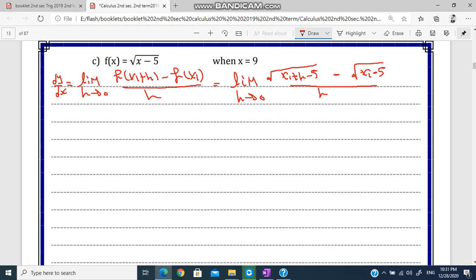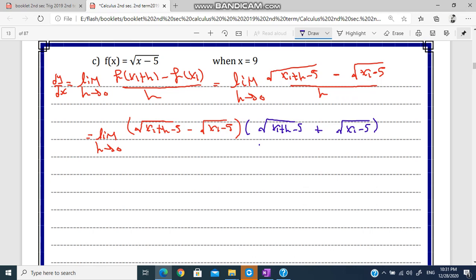Multiply both numerator and denominator by the conjugate. So the limit as h approaches 0, the numerator will be root of (x1 plus h minus 5) minus root of (x1 minus 5), multiplied by the conjugate, root of (x1 plus h minus 5) plus root of (x1 minus 5), over the same conjugate and h.